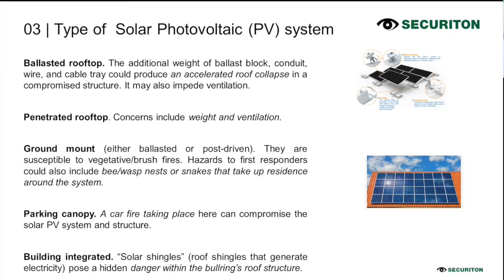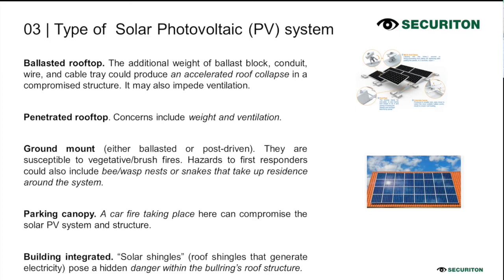And of course, there is building integrated, because in Malaysia and certain countries in Asia, we have eco-friendly buildings, which are already built with such solar arrays as a mechanism on the roof as well as on the windows. So these are getting more common lately.